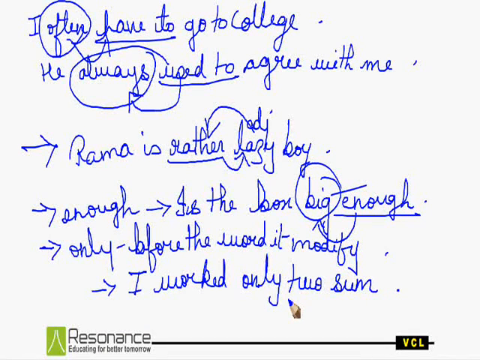So here only is coming just before the words to some, which it wants to modify. Second example, he has slept only 3 hours. So here only is coming before the words 3 hours, which it modifies.